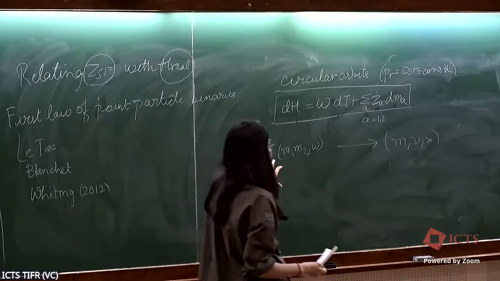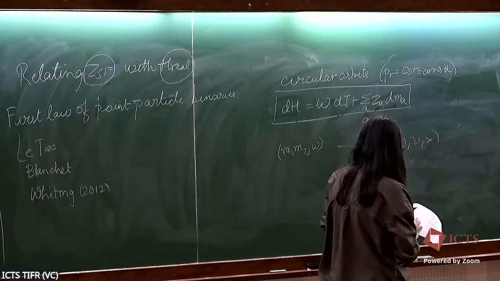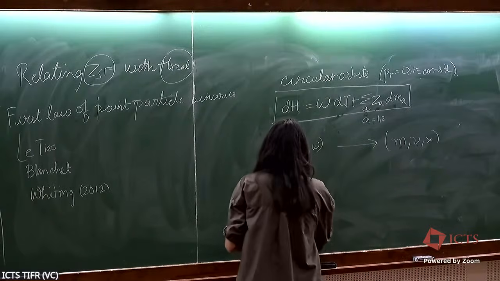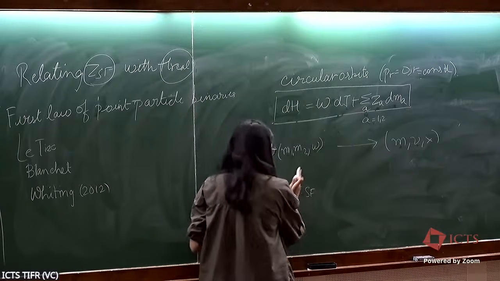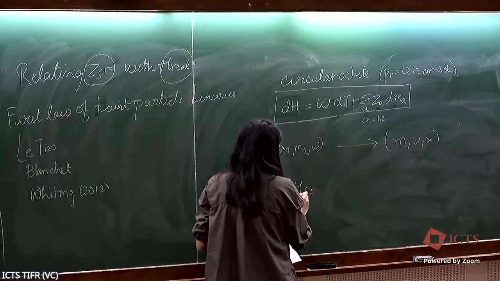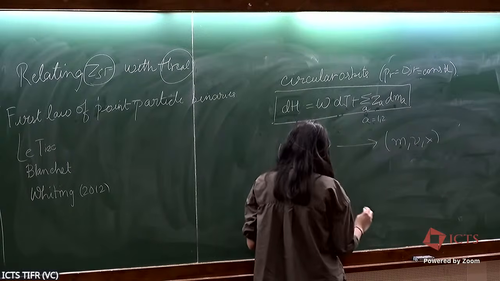When we do this mapping from m1, m2, omega to m, nu, and x, what we obtain is that the energy, or the Hamiltonian that would be coming from the self-force computation, is equal to this.